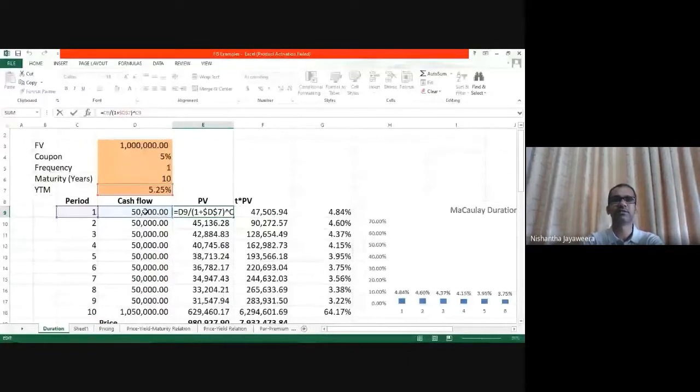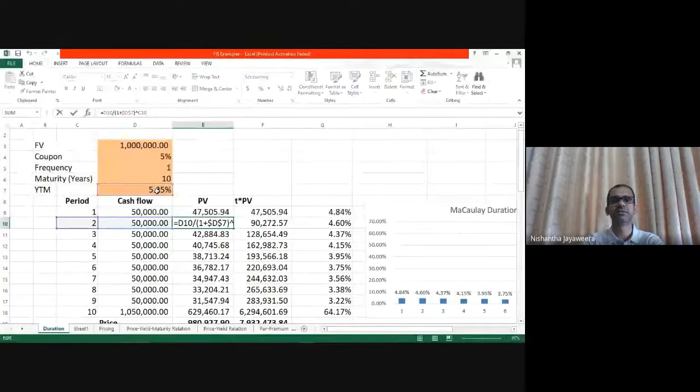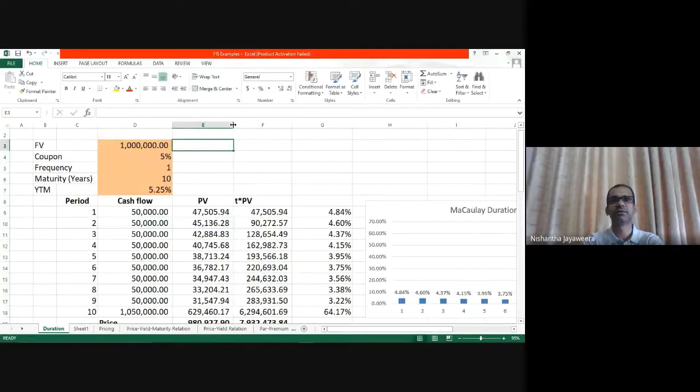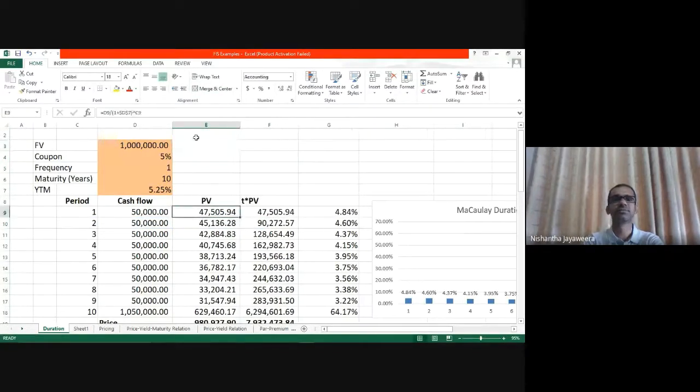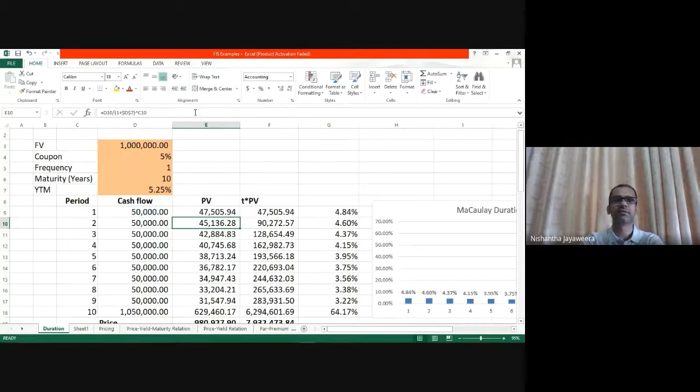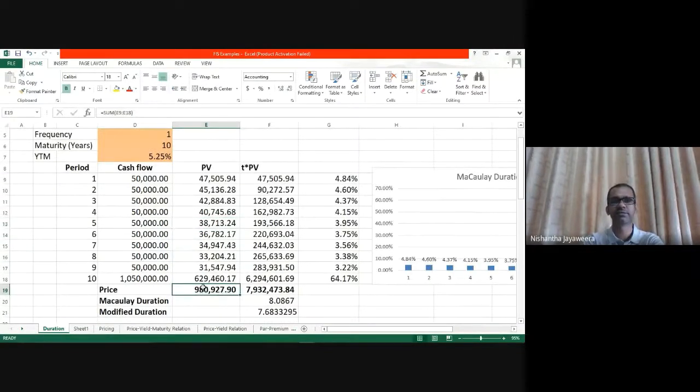The second cash flow is discounted at this yield to maturity for 2 time periods. Likewise, we calculate the present value. When we add them up, we get the price.